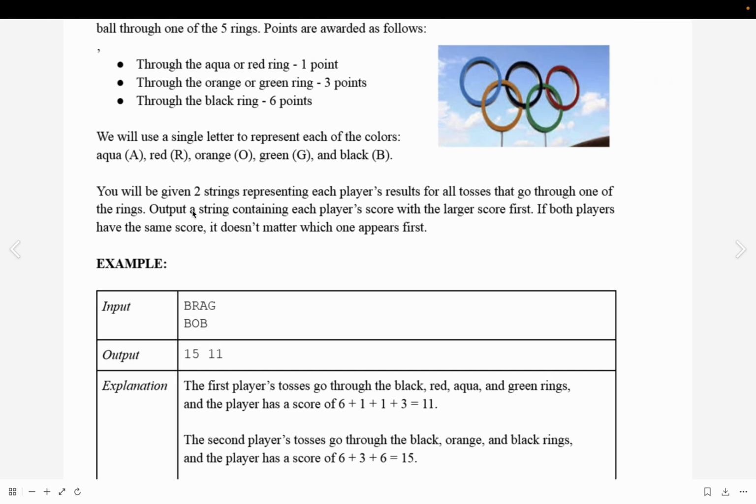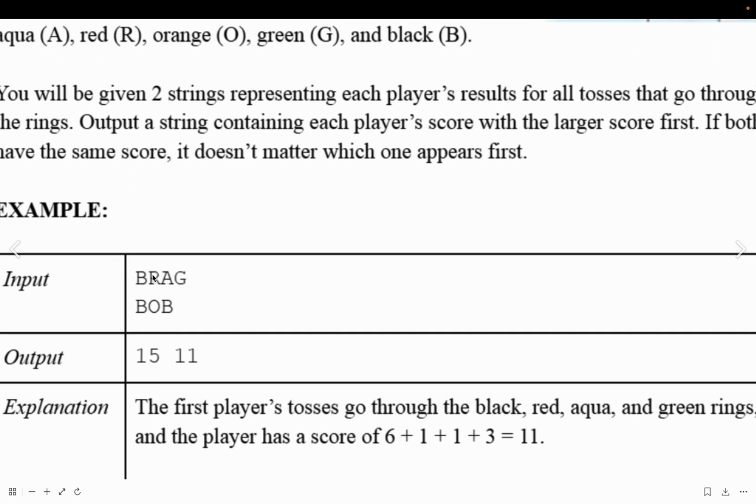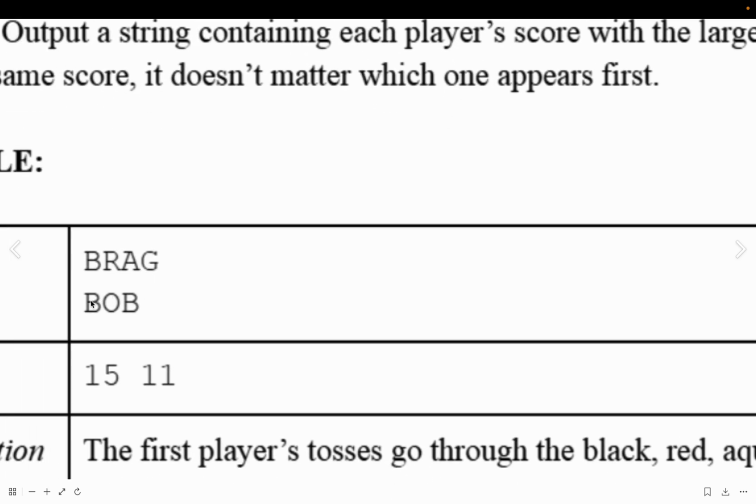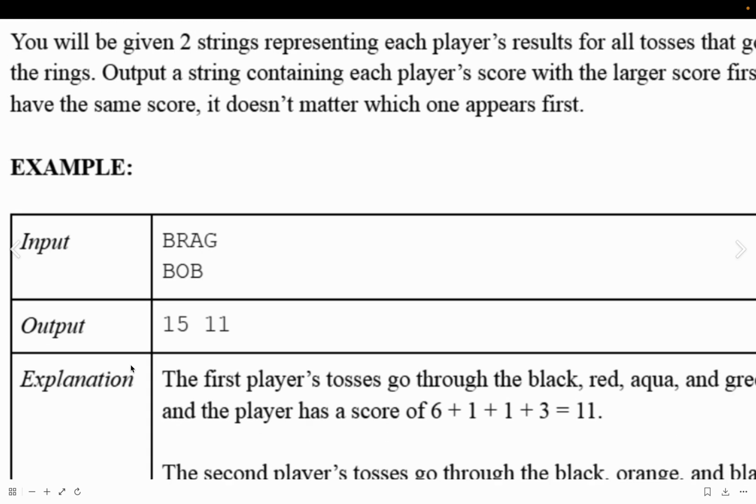The black one is awarded 6 points, red is 1 point, aqua is 1 point, green is 3. So in total, the person earned 11 points. For the second string, we follow the same process, and we learn that the second player earned 15 points. When we compare 11 and 15, 15 is larger than 11, so we print 15 first and then 11, separating these two numbers by a space.